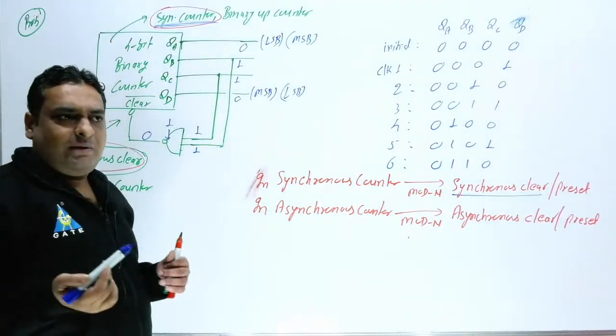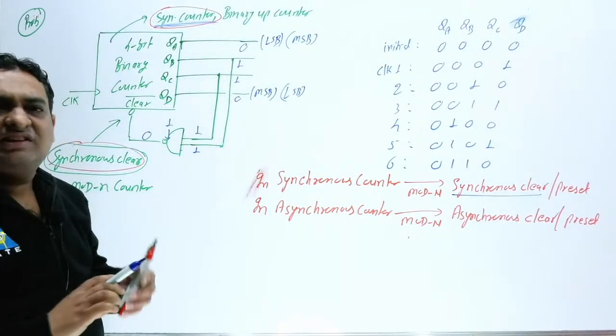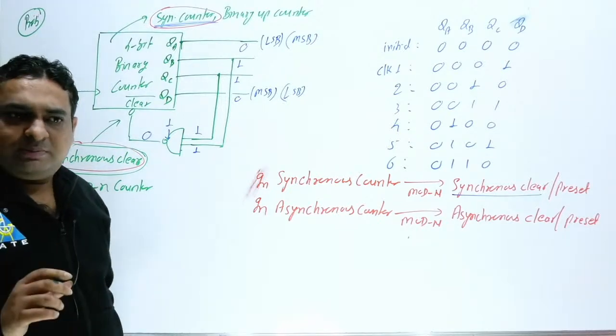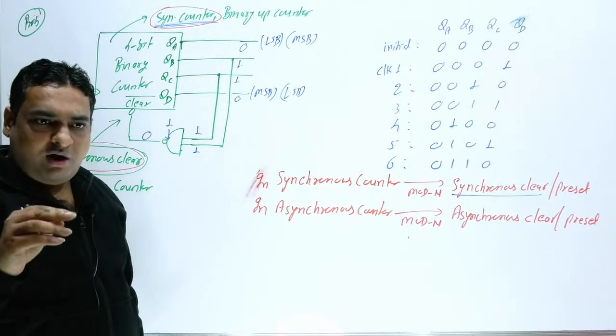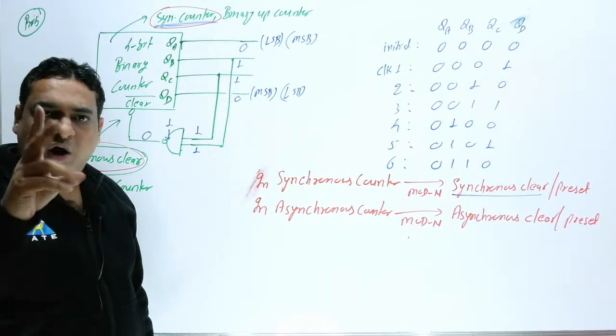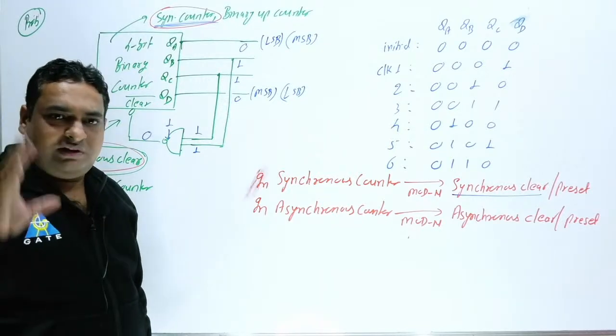How? I want to explain one basic example. Just a mod 3 counter I am going to explain.